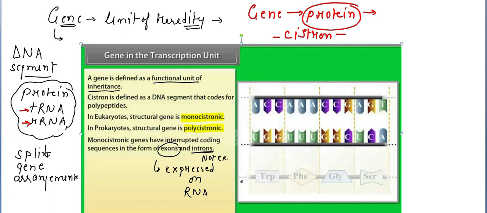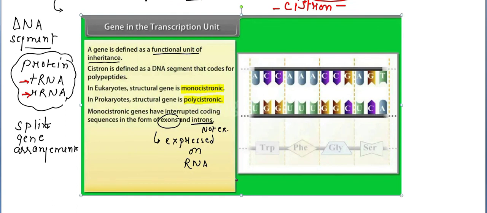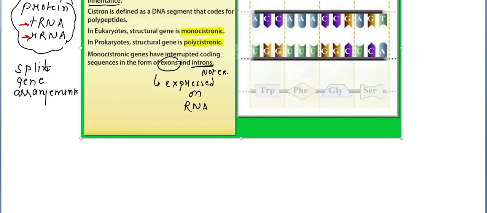And the regulatory sequences, which are there for the regulation of the process, either upstream or downstream to the promoter, are also responsible; they also have a significant role in the inheritance of a character.